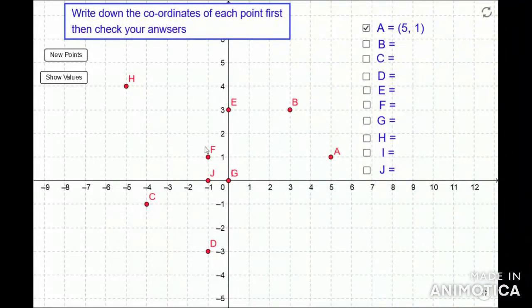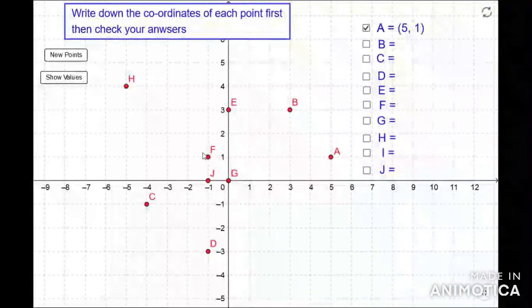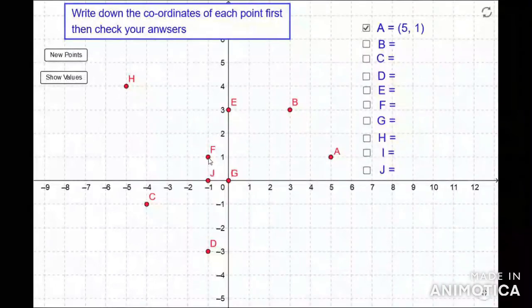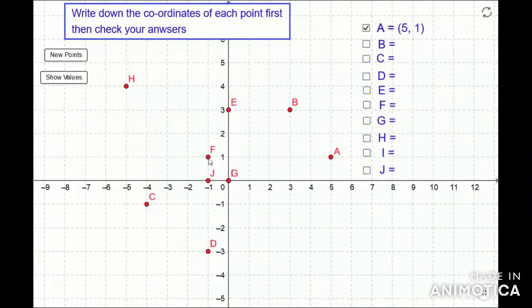And if you take the point F, you can tell the coordinates of the point F, and corresponding to F you will have two real numbers. First you have to get the x, that is you have to draw a perpendicular from F to the x-axis, and you will get a real number -1.